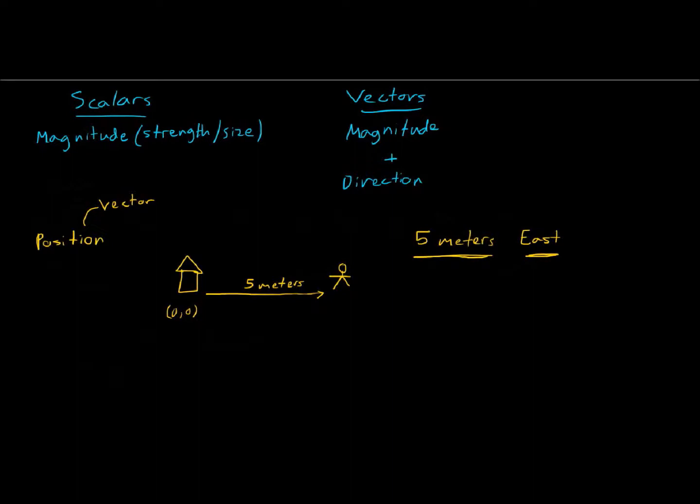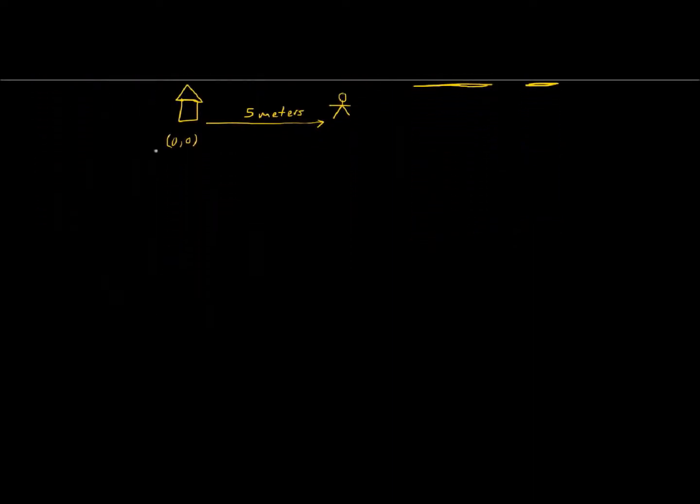The next thing I want to talk about is something called distance, and we'll scroll down so we can get more room. So distance is the total amount traveled by an object.